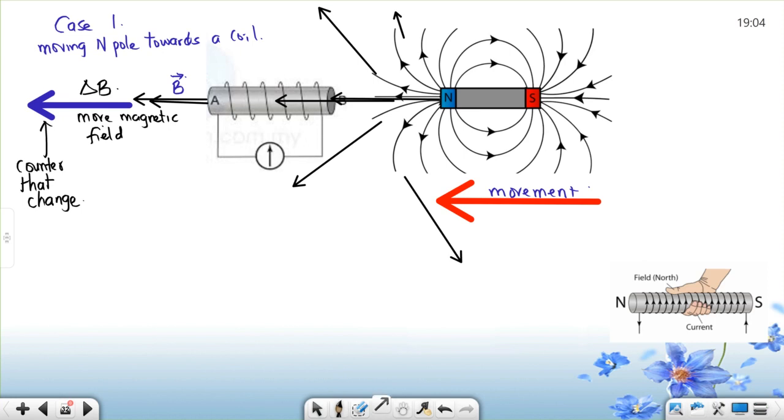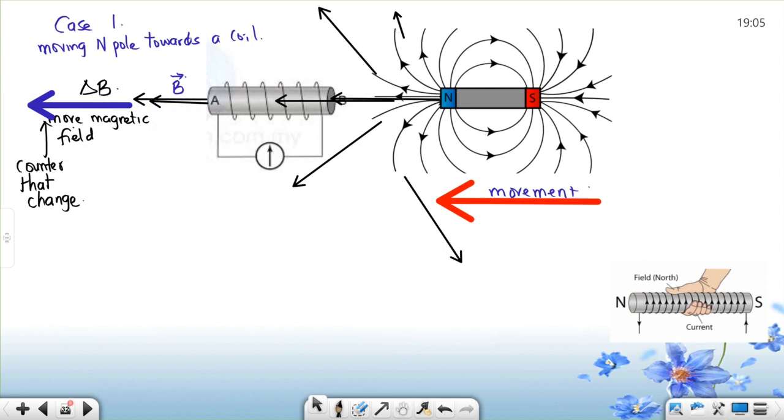To counter that, let me ask you something. My change is towards the left. To counter is going to be similar to friction. Where do you think the direction would be if I want to counter the change? Should it be towards the right or towards the left from your screen right now? We generate more magnetic field here as we move towards, so the change is towards the left-hand side.